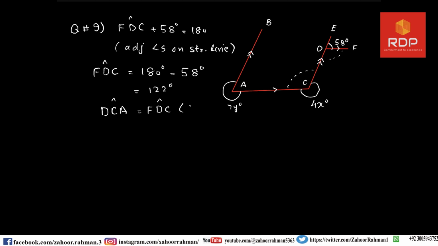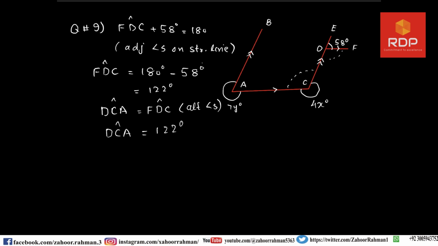So we are labeling it as alternate angles, and we found FDC from this portion, and that is 122. So DCA is equal to 122.